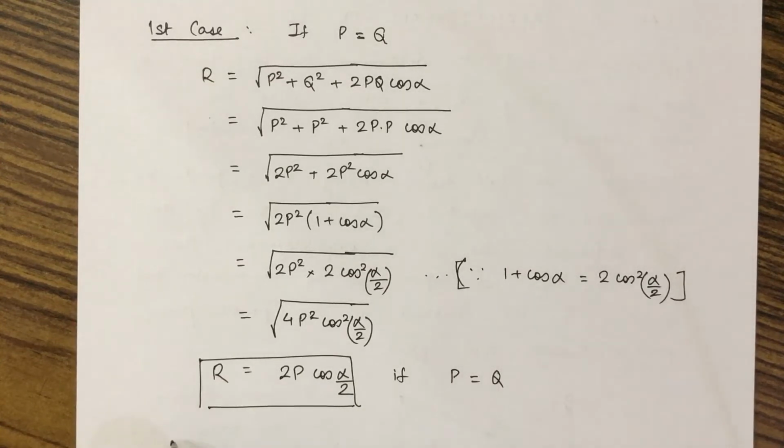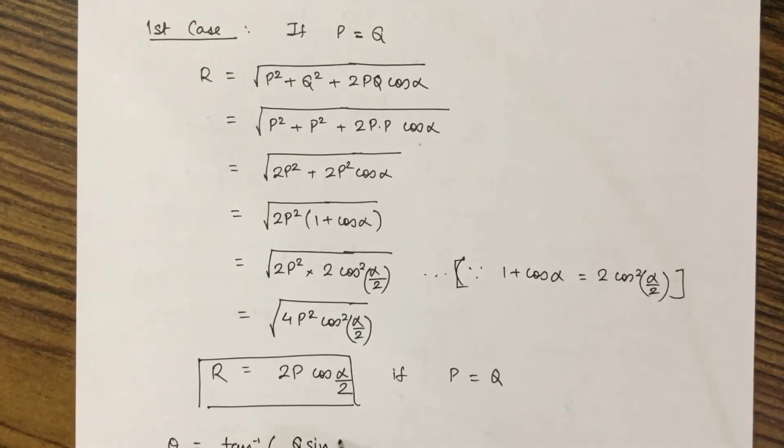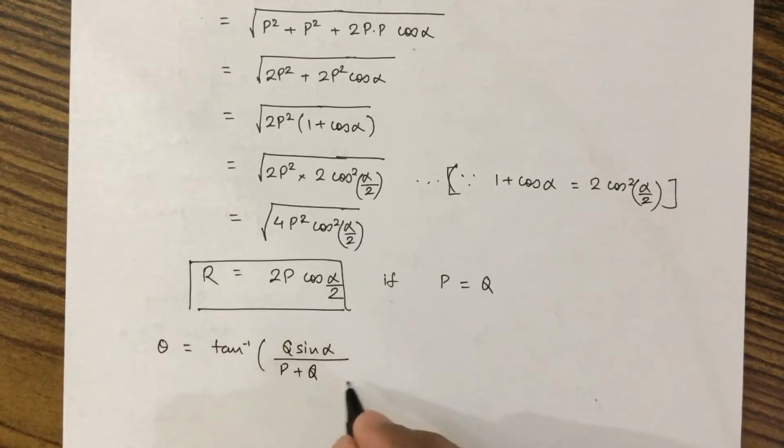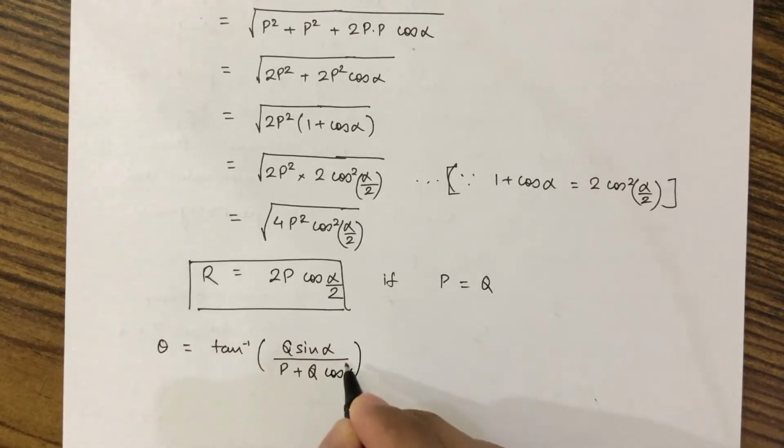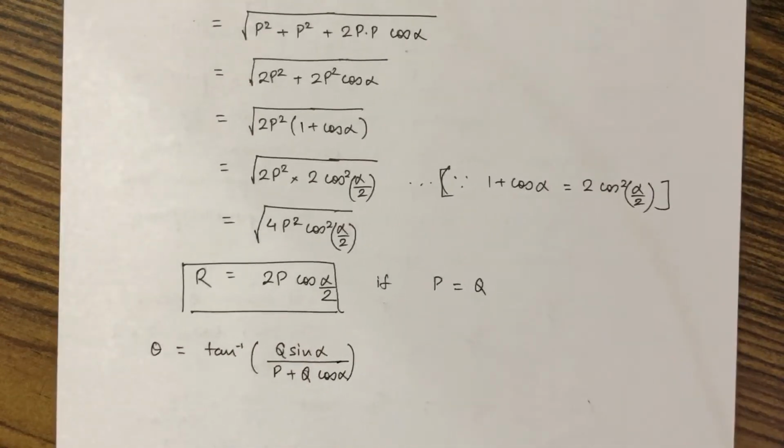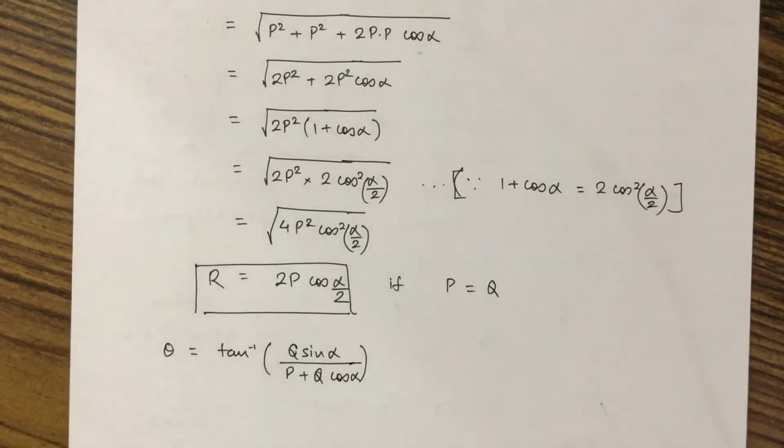And also the direction can be given as theta. It was given as theta is equal to tan inverse of Q sin alpha upon P plus Q cos alpha. This was the formula for the direction.